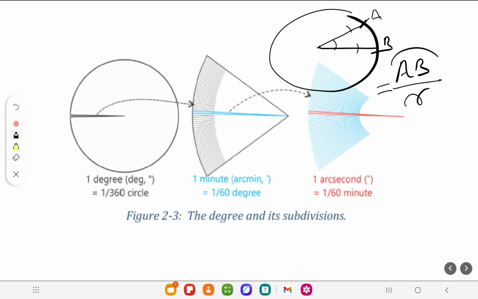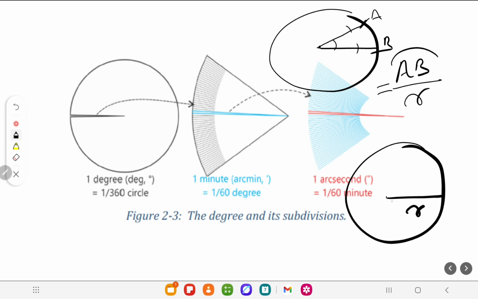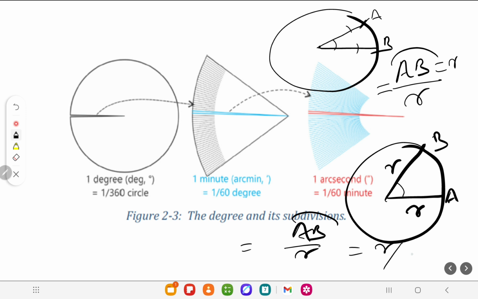So whenever you are trying to explain what 1 radian is, what do you say? 1 radian means, if this is R, and if this arc AB equals R, then the angle formed is arc AB divided by R. AB is R, and R divided by R is 1.